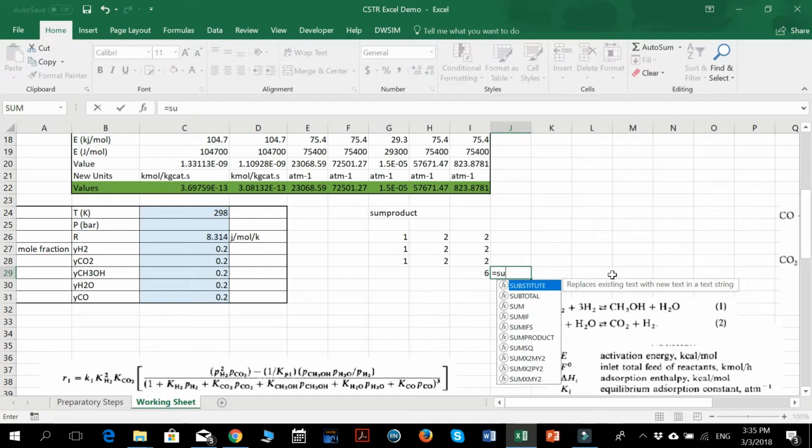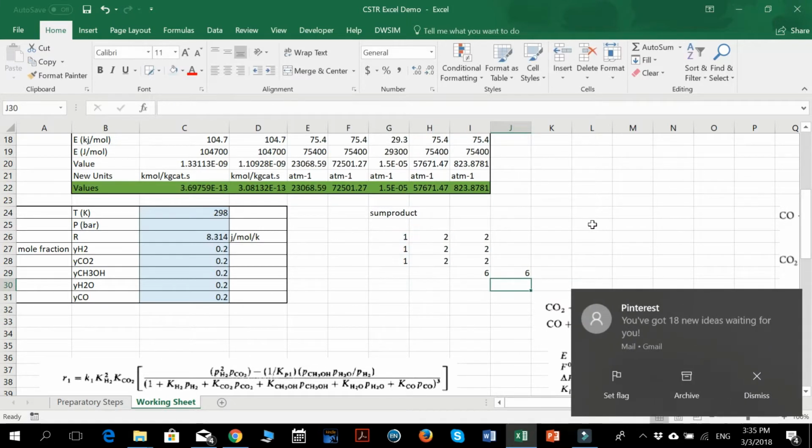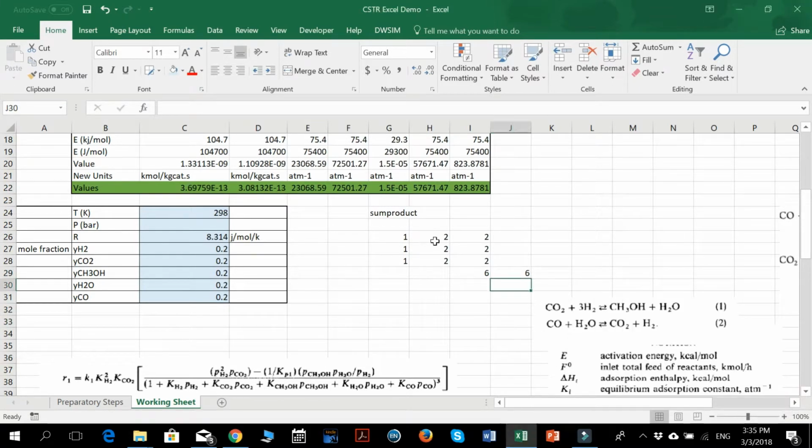The easier way is to use SUMPRODUCT, take this array 1 and this array 2, close it, and you do basically the same thing. It will do a product of these two, and these two, and these two, and it's going to sum it all up in this cell. Okay, so no issue there. So that's SUMPRODUCT for you.